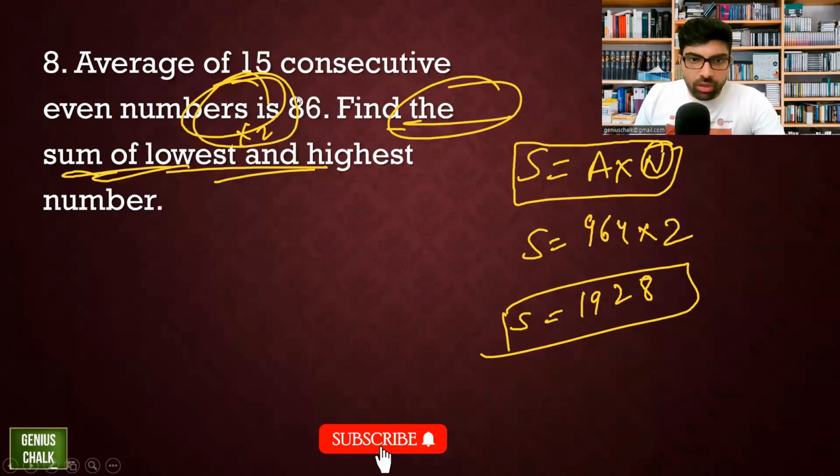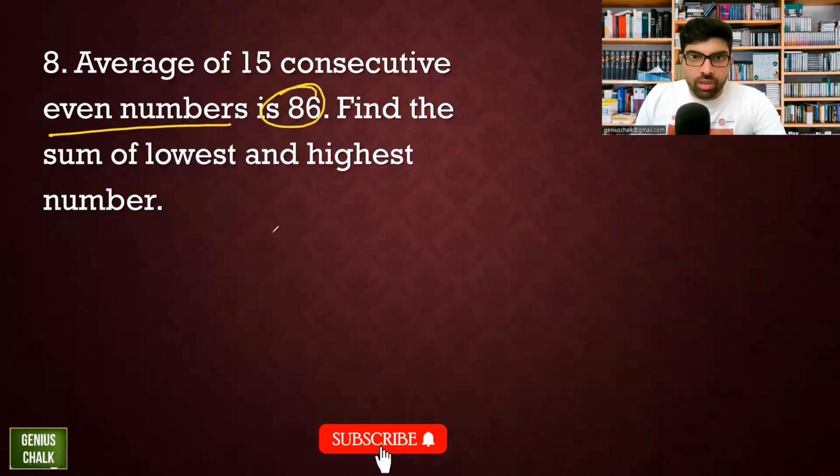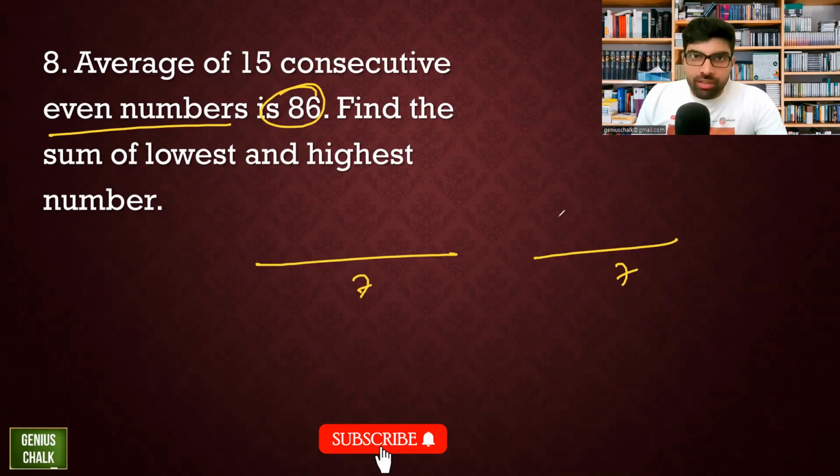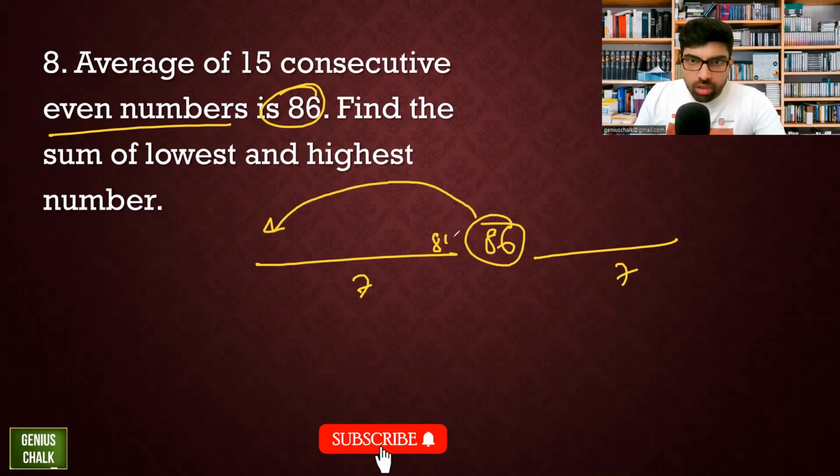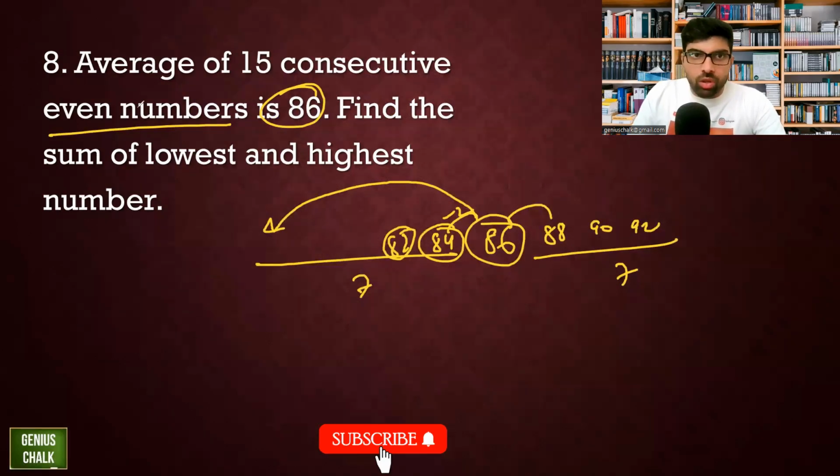Similar type: 15 consecutive even numbers, average is 86. 15 by 2 is 7.5, so 7 numbers on each side, and the middle is 86. Now you know that if I go back, every number has a difference of 2. So this will be 84, then 82, and next 88, 90, 92, as all are even numbers.